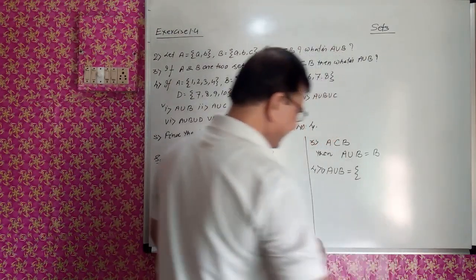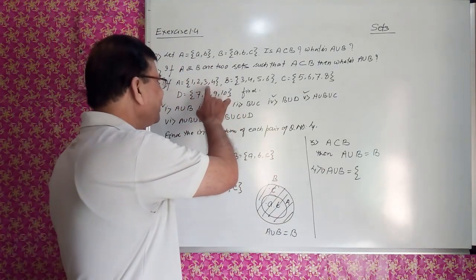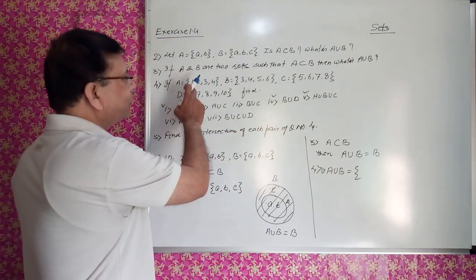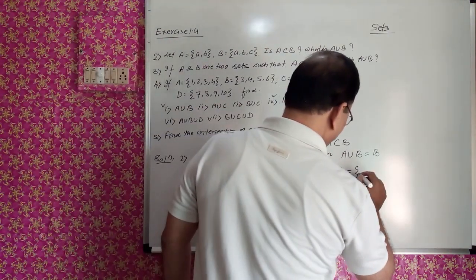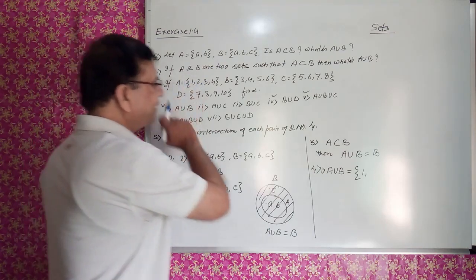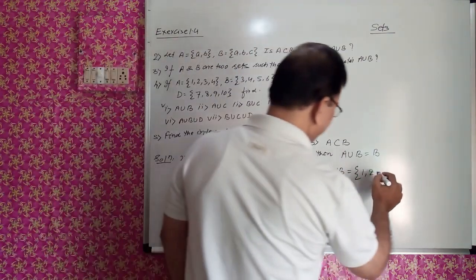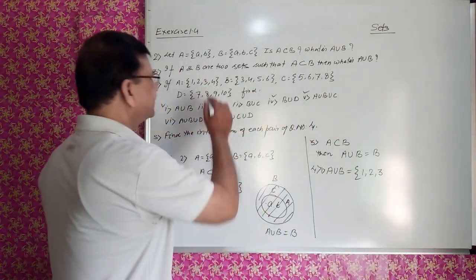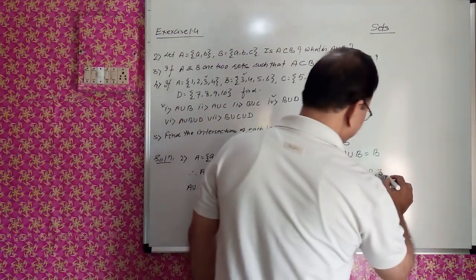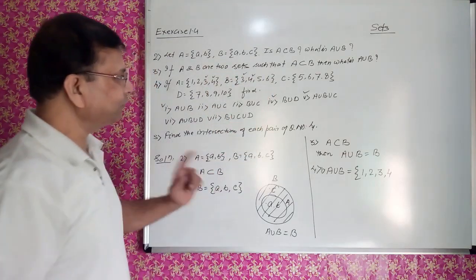A union B is a set whose elements will be either in A or in B. So first I'll see 1. 1 is in A, it may or may not be in B, doesn't matter, but that I will write. 2 I will write because 2 is in A. 3 I will write because 3 is in A. But 3 is in here also, so I will write it once. 4 I will write because 4 is there in A. 4 is here also, so I will write only once.